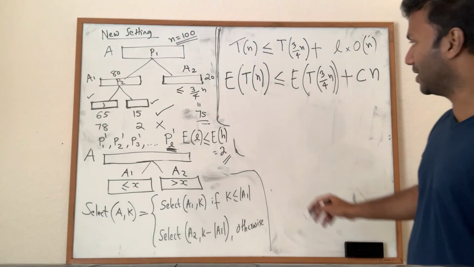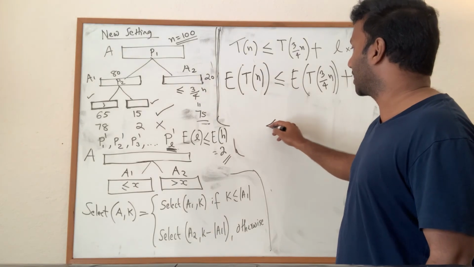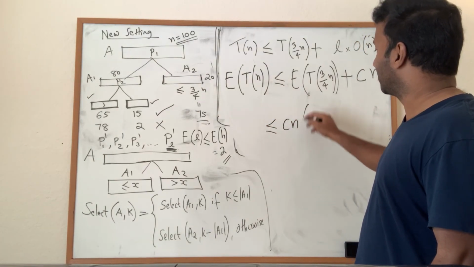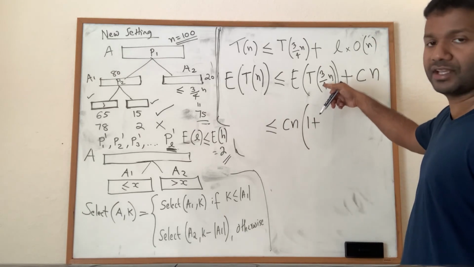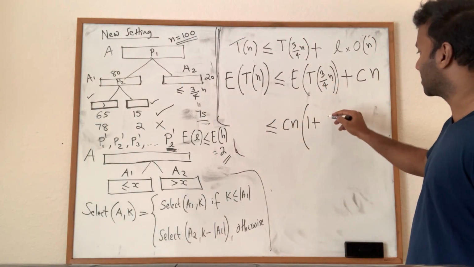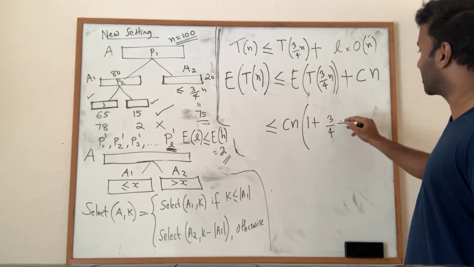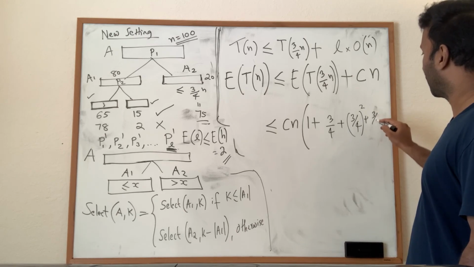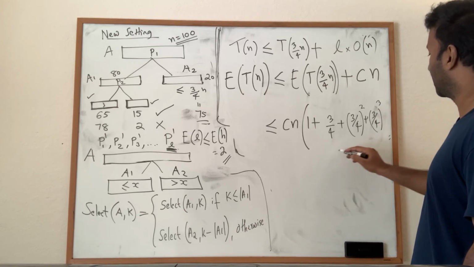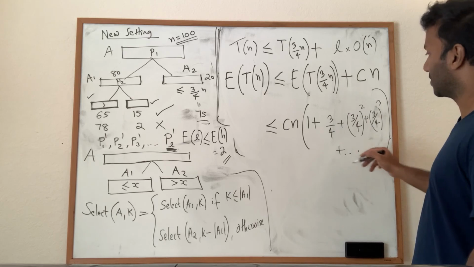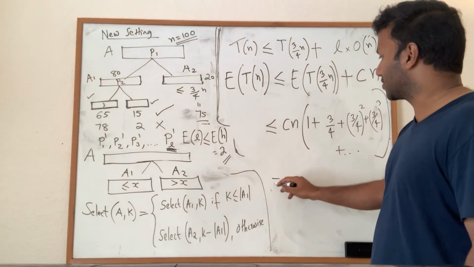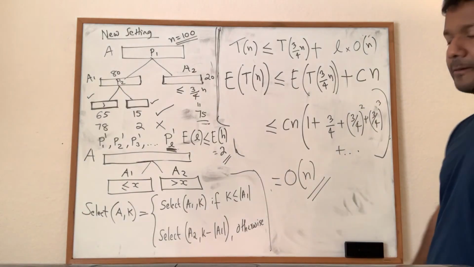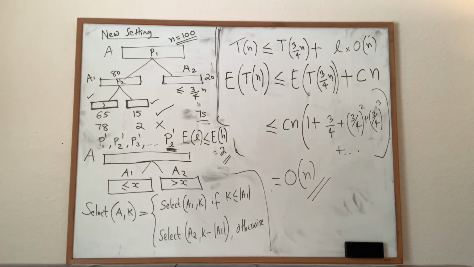Okay, which means this whole quantity I can write like this: Cn times 1 plus, then this thing will be a geometric series with 3/4 plus (3/4)^2 plus (3/4)^3, etc. The whole thing is converging, so therefore this is O(n). Yep, so this is the proof.